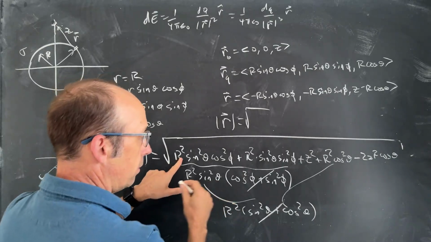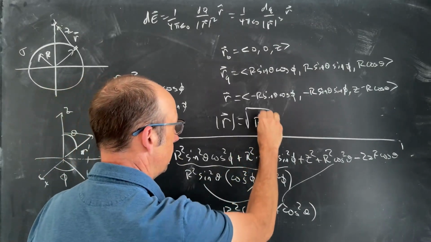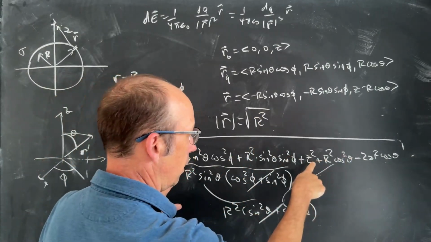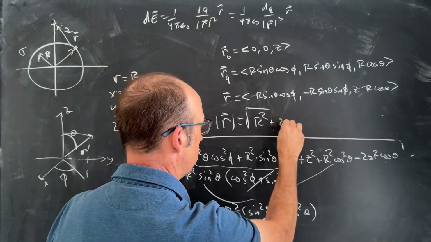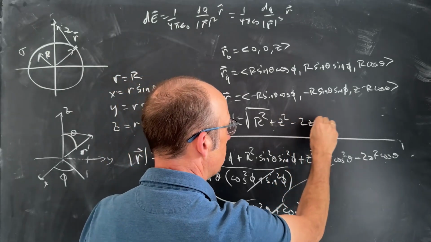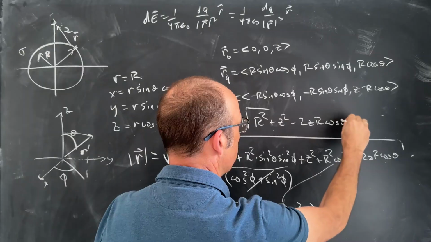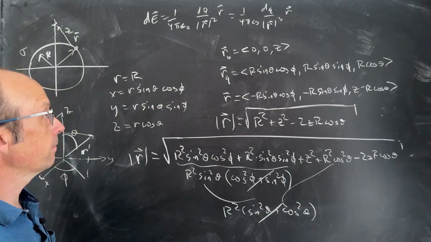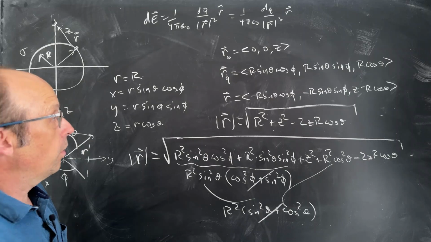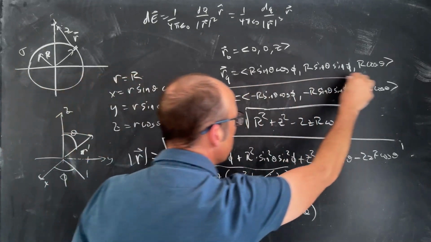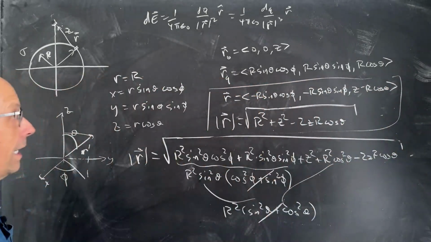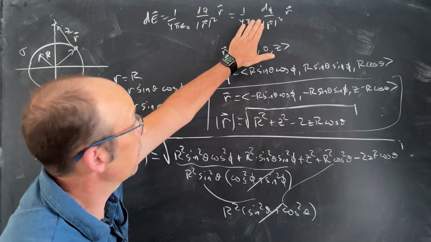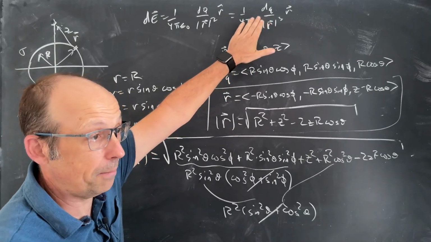I have this r squared, and then I have z squared minus 2z r cosine theta. Okay. So these two things we need. So I can plug these two things into this equation up here to get my electric field.